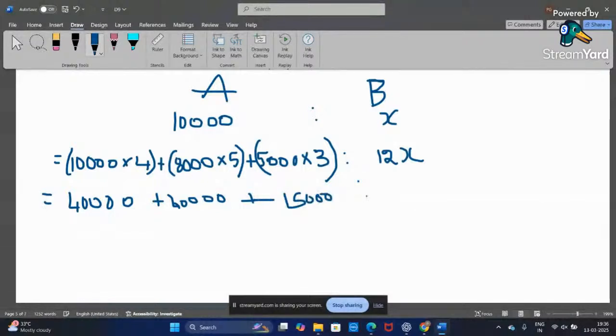And this will be 12x as it is. So add all this. 40 plus 40 is 80, plus 15 is 95,000. So 95,000, and here it is 12 lakhs.